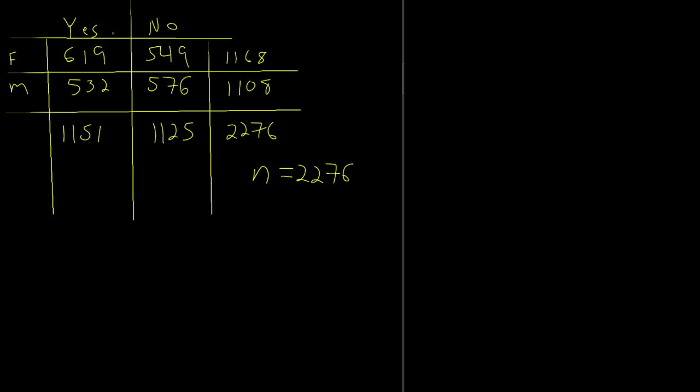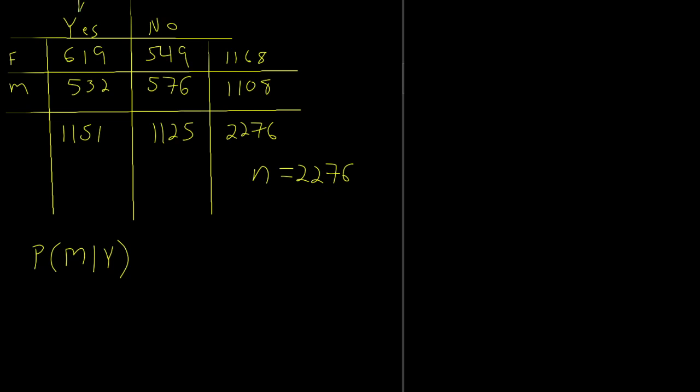So what we want to look at, let's say, is the probability of picking a male respondent given they said yes. Now notice what I'm asking. I'm asking, what is the probability of a male respondent given that they said yes? So the first thing to happen, the first event, is they said yes.